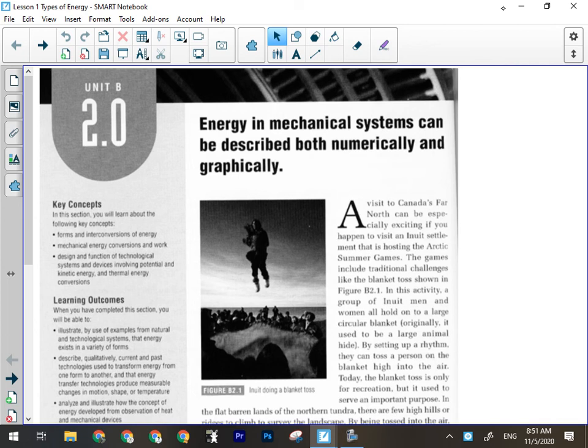Okay? In Alberta, we burn fossil fuels to make electricity. It used to be mostly coal. Now we're kind of shifting away from that more to natural gas. Okay? But we're still taking chemical energy in the fuel. We're burning it, releasing it as heat. Okay? And in most cases in Alberta, that heat is used to boil water, turn it into steam, and the steam turns a turbine.